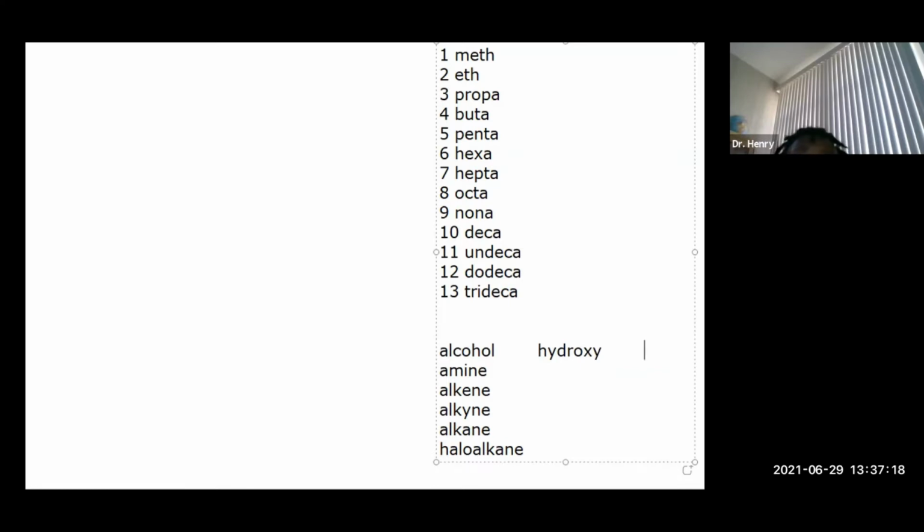And the suffix for it is "ol". OL, that's right. So prefix means that if there's something with a higher priority, you use the prefix instead of the suffix. Suffix is like the last name. The OL is at the end.